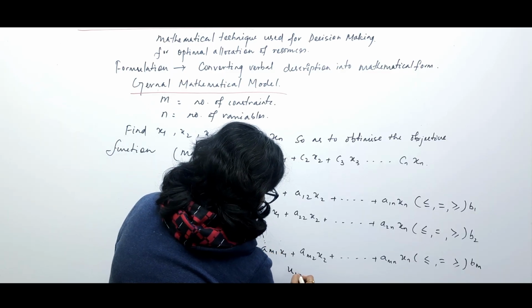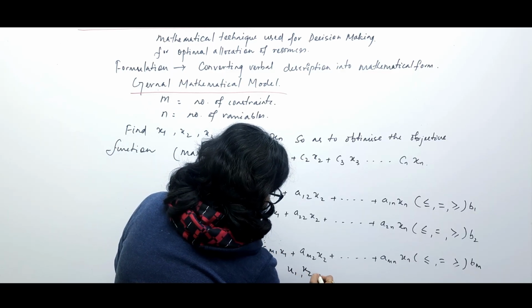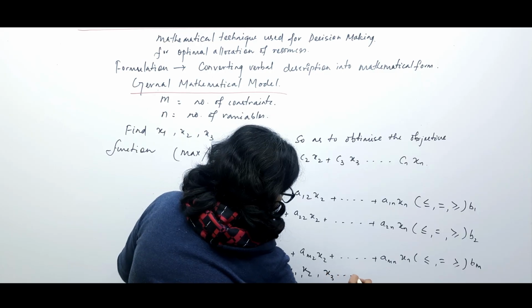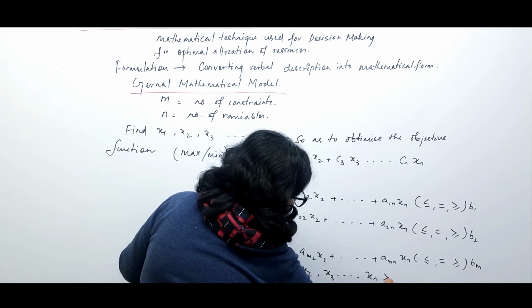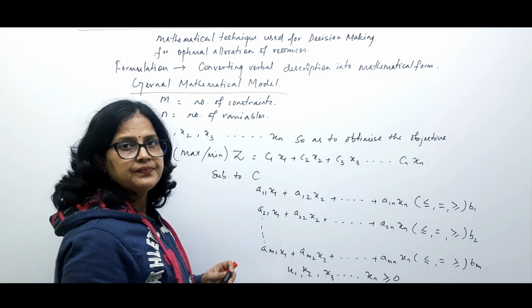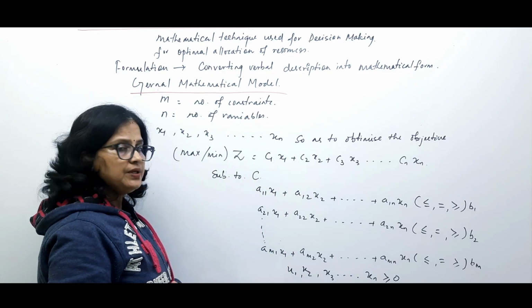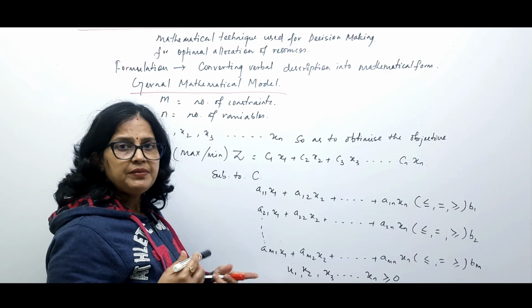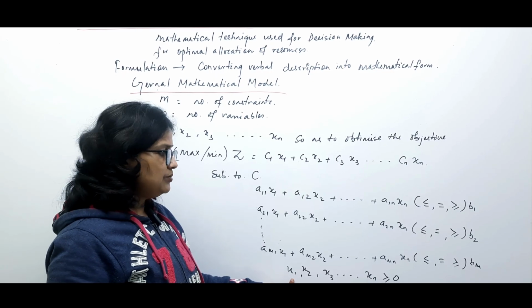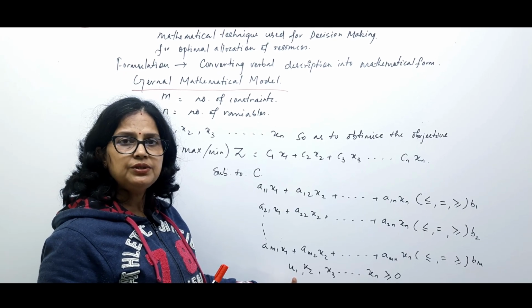And we need to write that x1, x2, x3 up to xn should always be greater than or equal to 0. Because when we are producing something, making something, it always should be greater than or equal to 0.